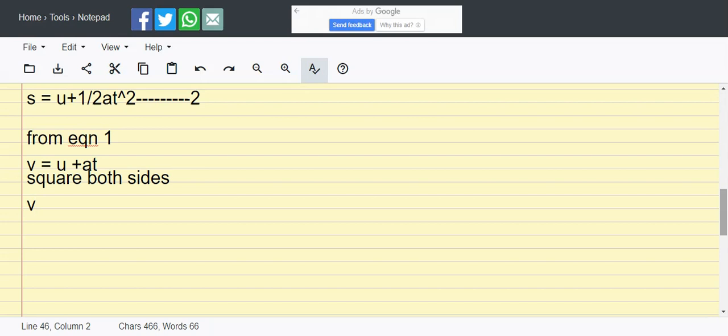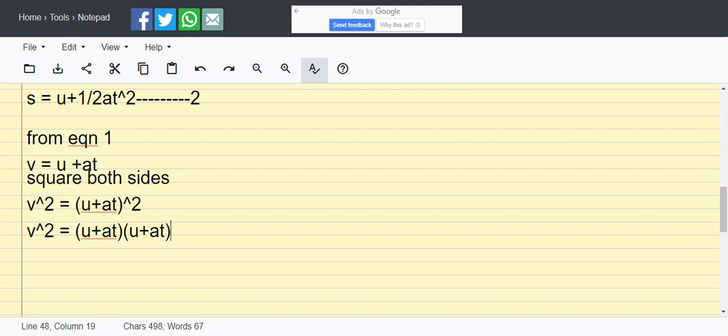That is v raised to power 2 equals u plus at, raised to power 2. We're going to expand this, which is the same thing as u plus at, those brackets, times u plus at, those brackets.